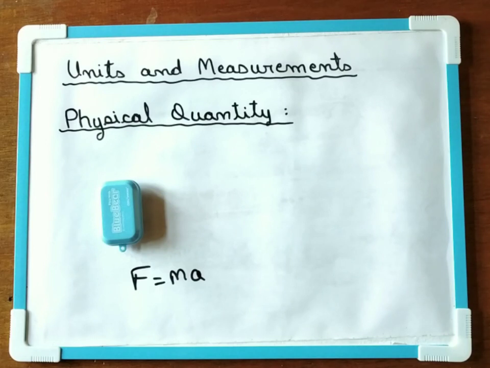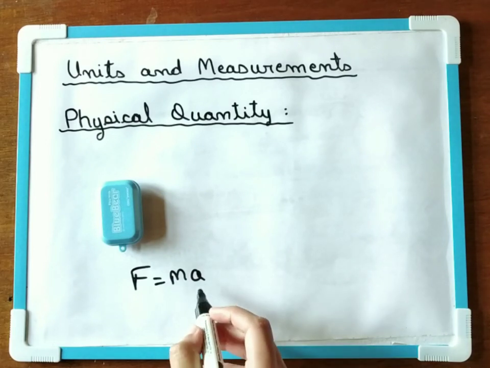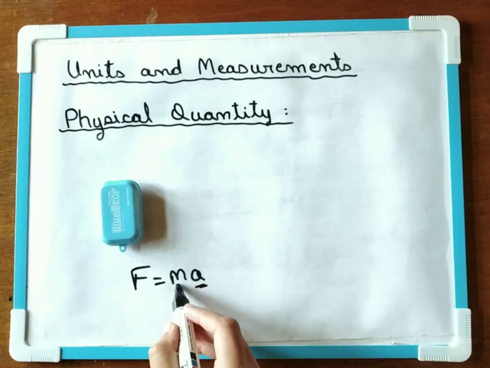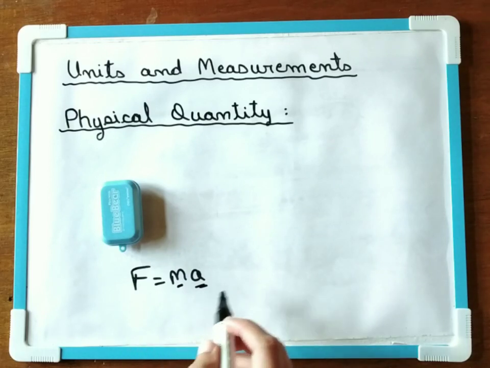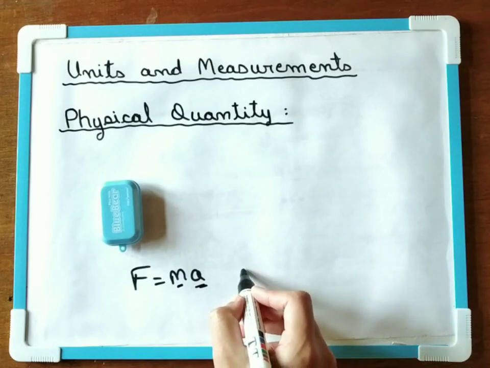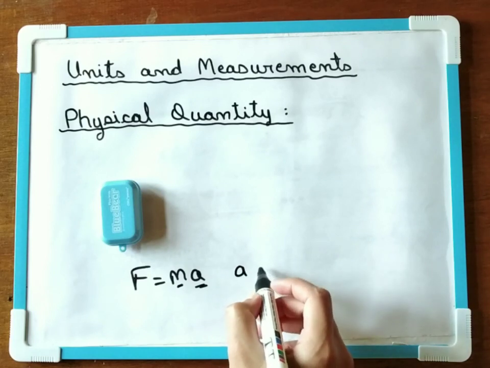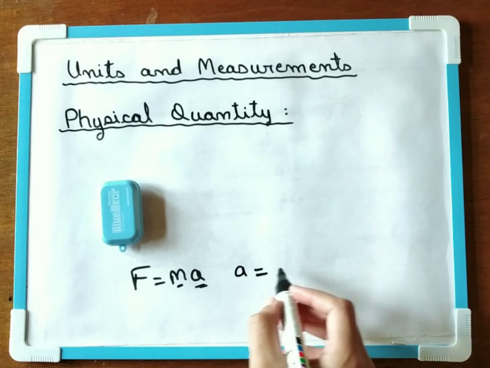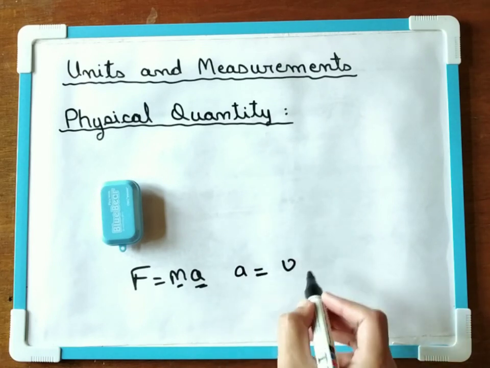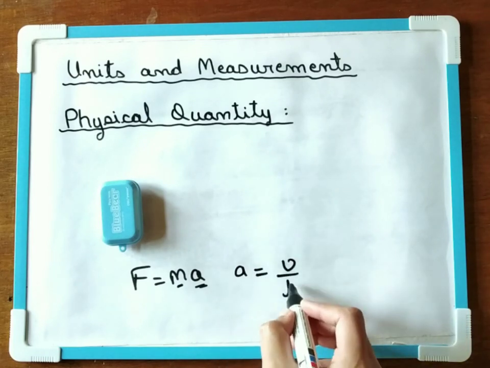So if we know the acceleration and the mass of the body, then we can find out the force. Now what is acceleration? Acceleration can be defined as the rate of change of velocity, and its formula is velocity divided by time.